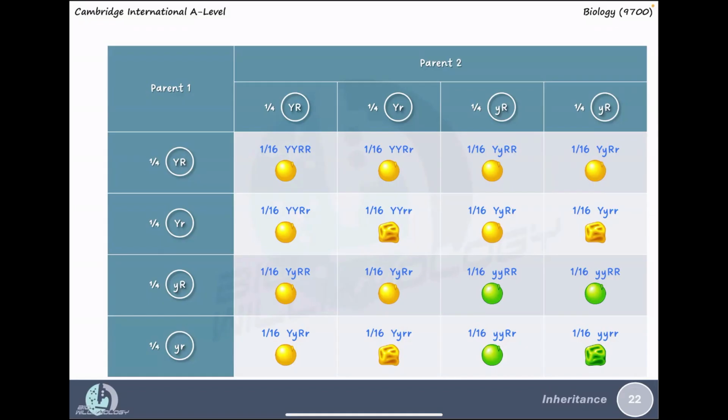There is a 9 out of 16 probability that the seed will be yellow round seed. 3 out of 16 of the seeds are yellow wrinkled seed, and another 3 out of 16 are green round seed, and the final 1 out of 16 will be green wrinkled seed.